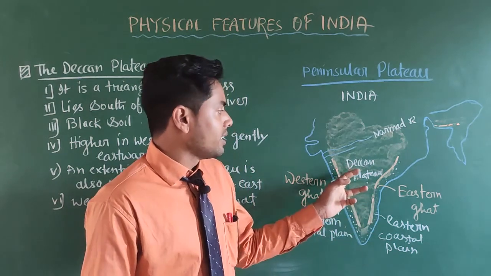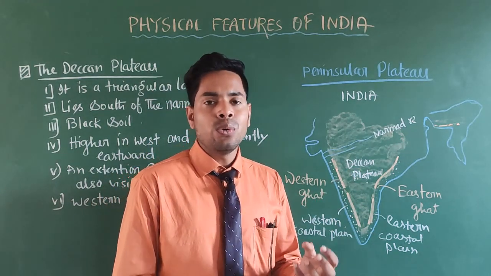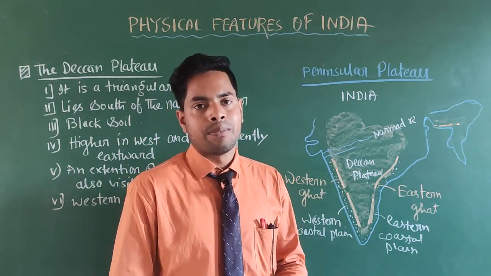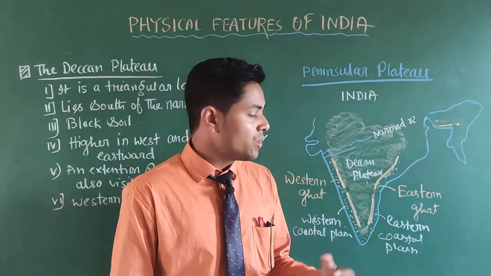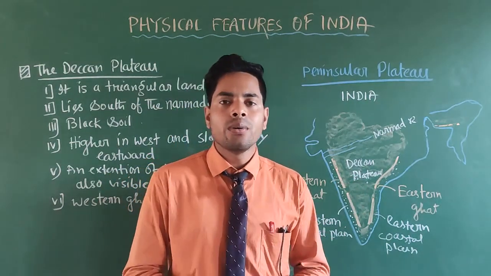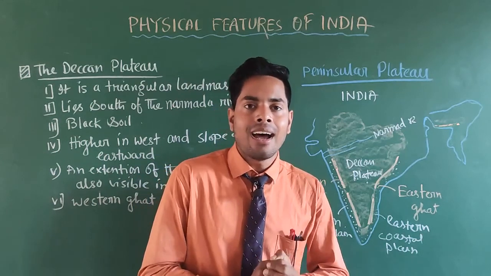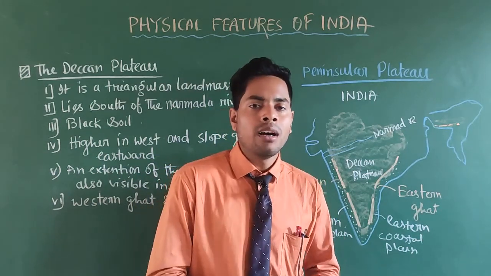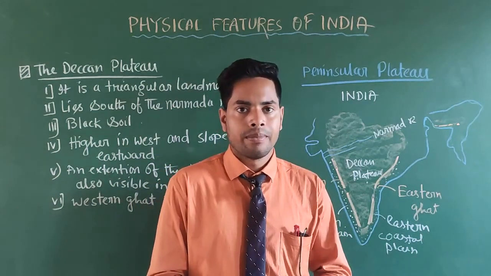See very clearly, it looks like a geometric shape, a triangle. The Deccan Plateau is a triangular landmass lying just south of the Narmada River.